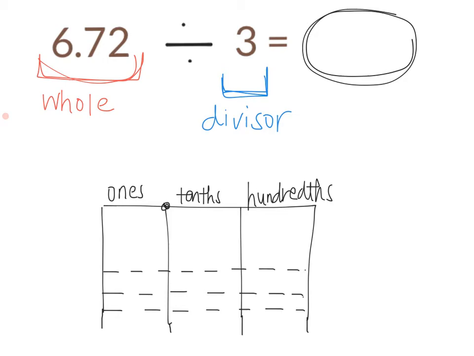We don't know the answer yet, but that number is always called the quotient. Go ahead and label those three parts because sometimes I'll talk about the whole, sometimes the divisor, and sometimes the quotient. The whole is the first number before you split it up. The divisor tells you how many parts you're splitting it up into, and the quotient is the answer.